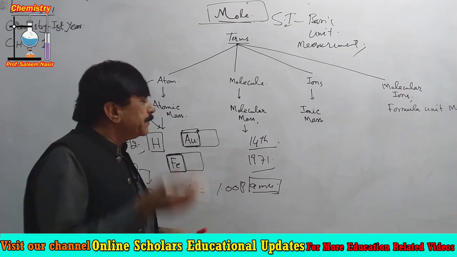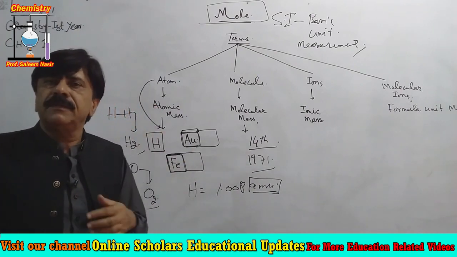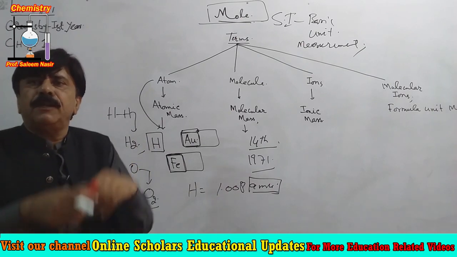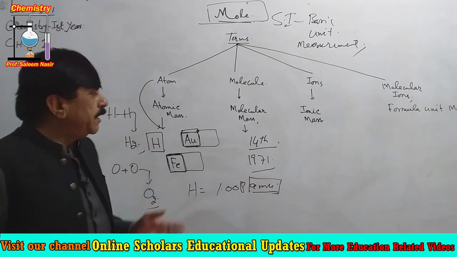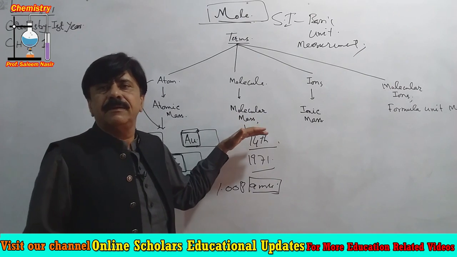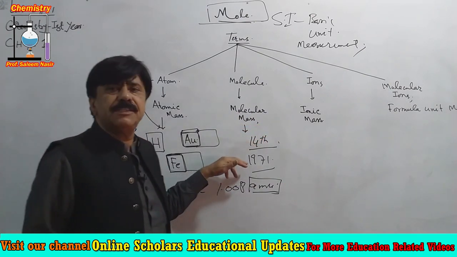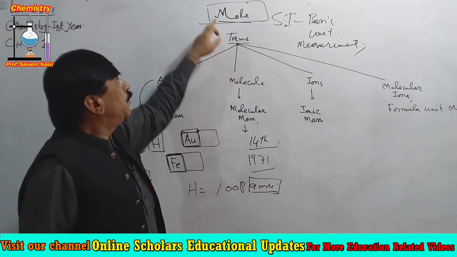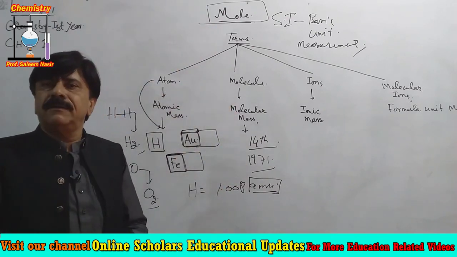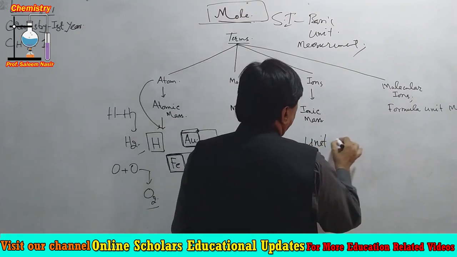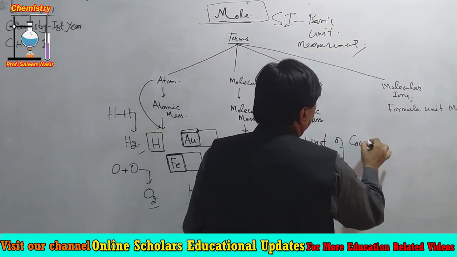So when that secret of the chemist, which was in the mind of the chemist and was not exposed, was exposed in the 14th General Conference of Weights and Measures in 1971, the mole was termed as the unit of counting.